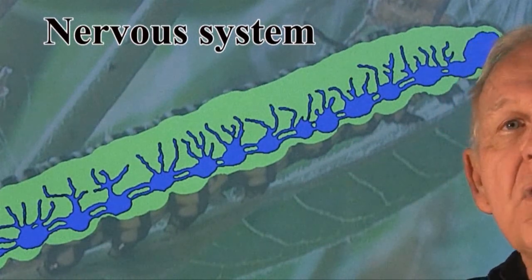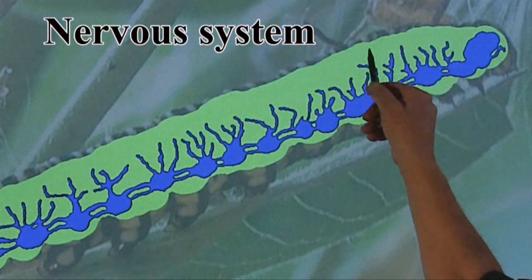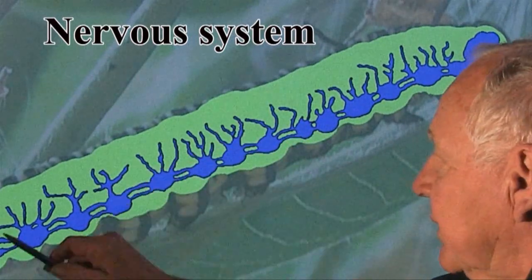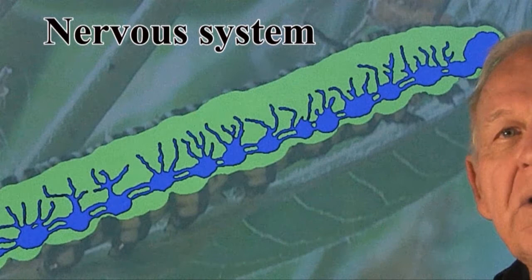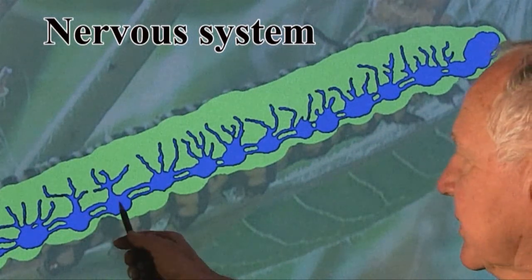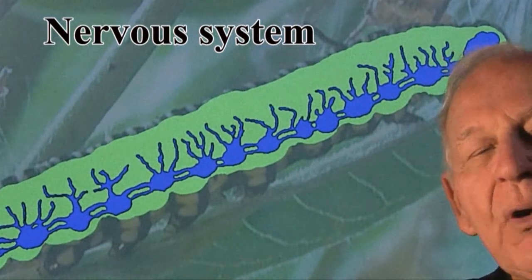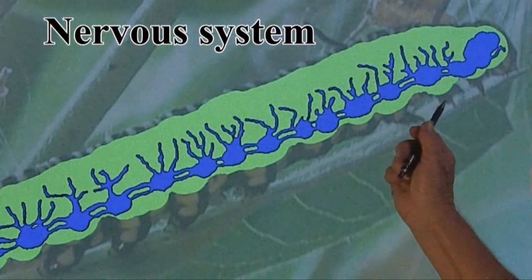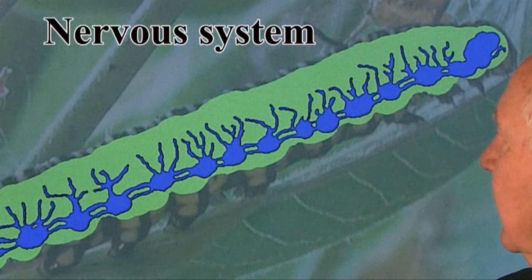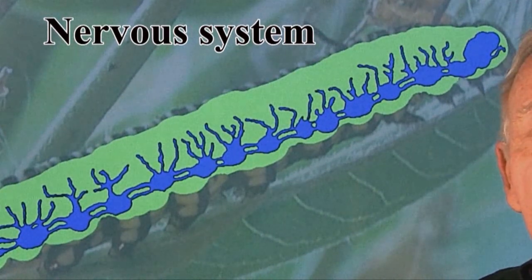Humans have a single cord and it goes down the dorsal side or the back side of the humans. So there's a difference between the caterpillar and the human nervous system. Each of these little structures is kind of like a little brain in that particular segment. We've got a dozen or so of these ganglia along the ventral nerve cord of the caterpillar.